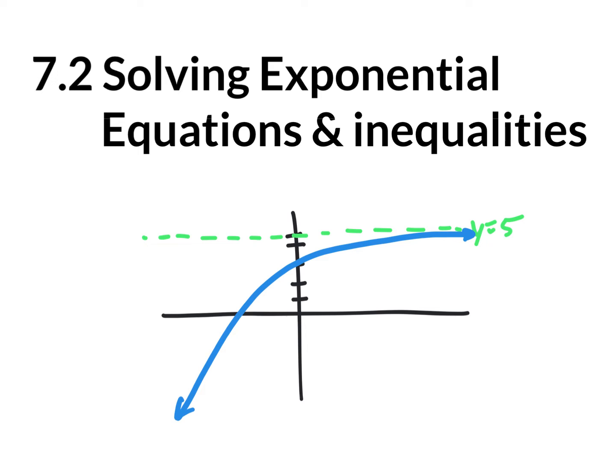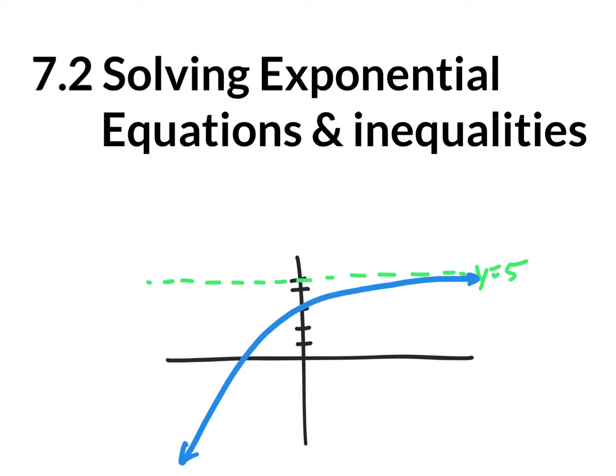I might as well jot this down, the actual form of an exponential growth or decay function. Okay, so we said that this is a decay function. What does that mean about b? If this is a decay function, what could you tell me about b? It's less than 1, right? Greater than 0, less than 1.